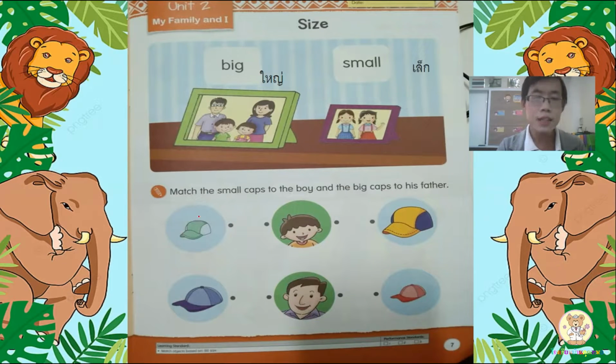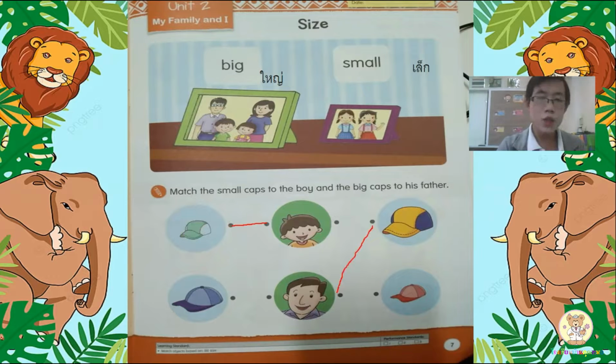There is a small cap and a big cap. For the boy, he should wear a small cap, right? So we need to draw a line from the small cap to this boy. You can see that this cap is very big. That's why we need to draw the line to his father.